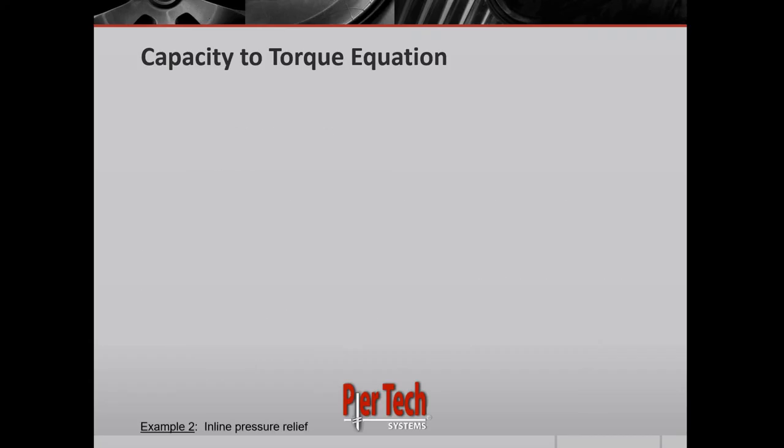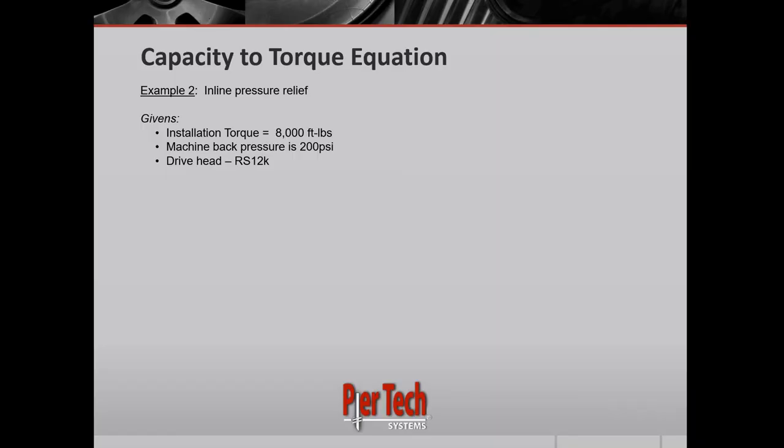Let's do another example. In this example, we go back to the second part of that first set of questions, where we determined the installation torque to be 8,000 foot-pounds. We're now out in the field and our machine is getting 200 psi of back pressure, and we're using the RS-12K model drive head.